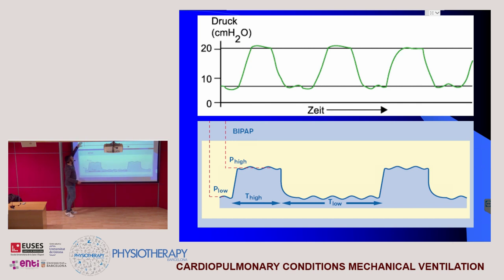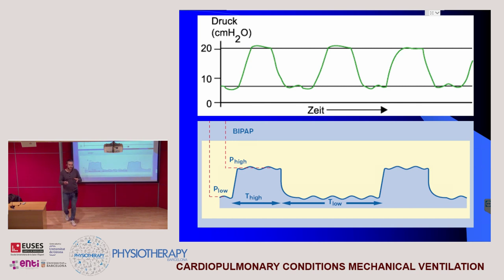So the principle is to maintain a little positive pressure during expiration, that is the two levels of pressure, and this helps avoid bronchospasm. Nowadays, all the spontaneous modes work with that kind of ventilation, with two levels of pressure, to avoid the possibility of bronchospasm, and the expiration help is exactly the same.